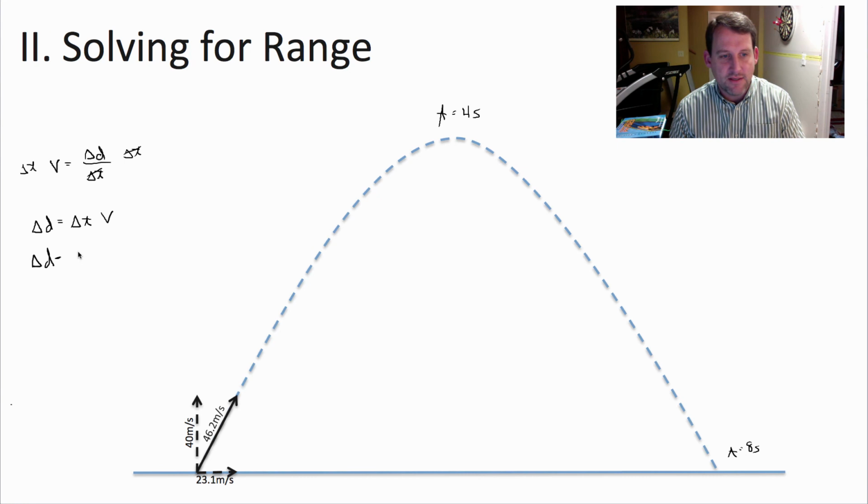So change in distance is equal to 8 seconds total, right? I have that much time in the air, times a velocity of 23.1 meters per second. Put that in your calculator.